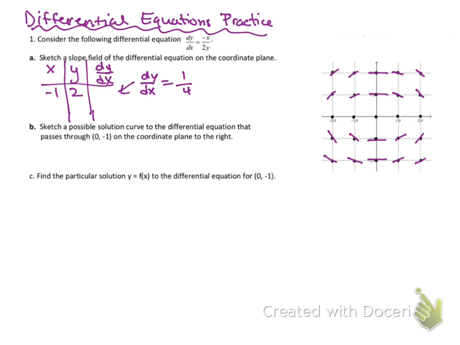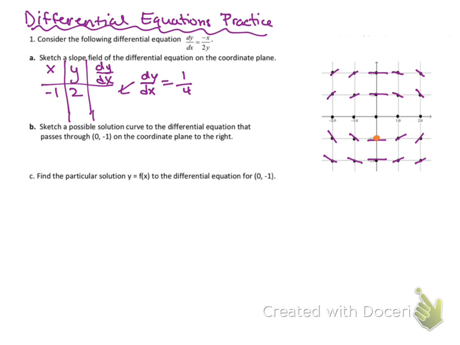And this one, sometimes I get different answers. Keep in mind that you can assume that the solution curve is a function, which means it's not going to be like a circle or anything that has two y values. So the point 0, -1 is this orange one that I drew right there.